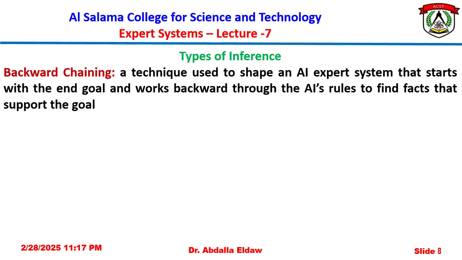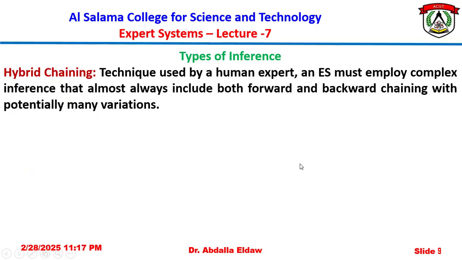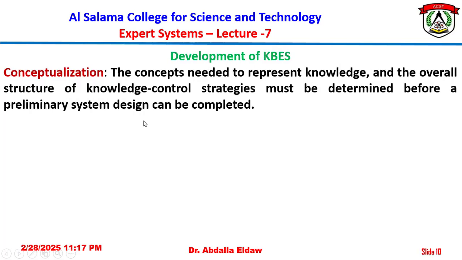For the third type, hybrid chaining, a technique used by a human expert and at the same time the expert system must employ complex inference that almost always includes both forward and backward chaining with potentially many variations.